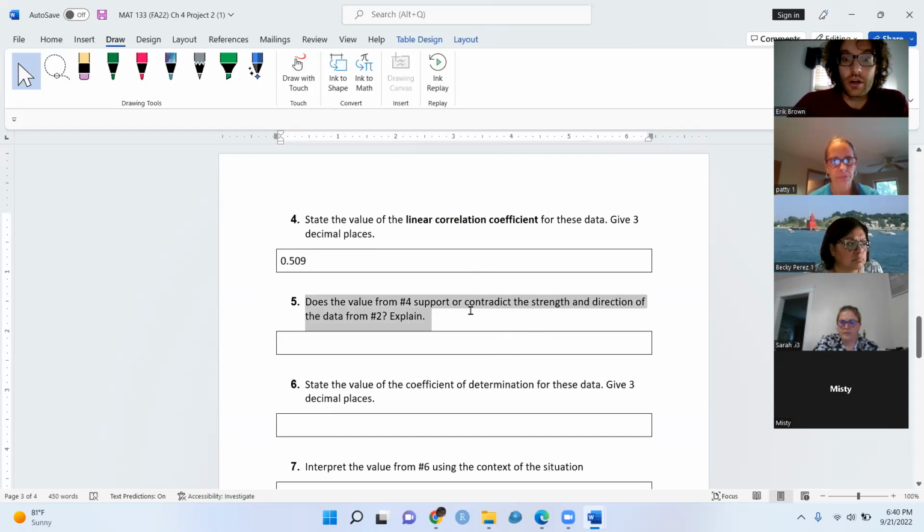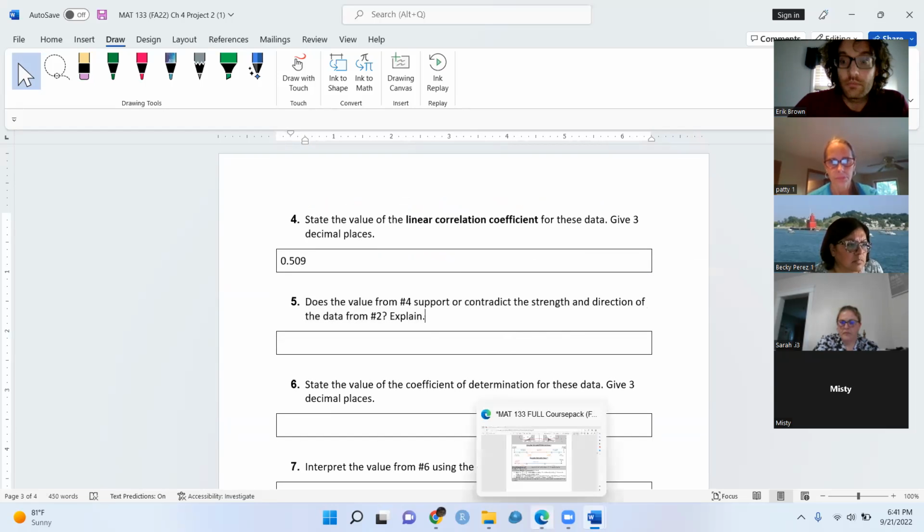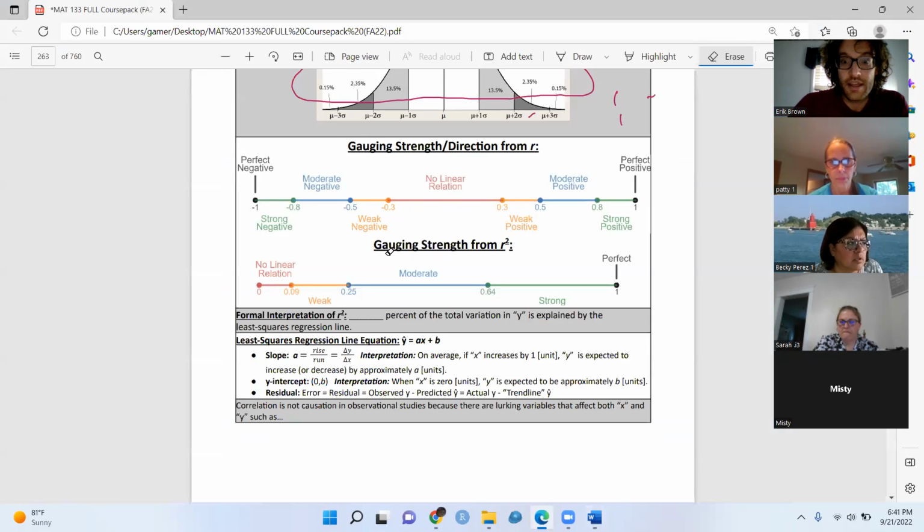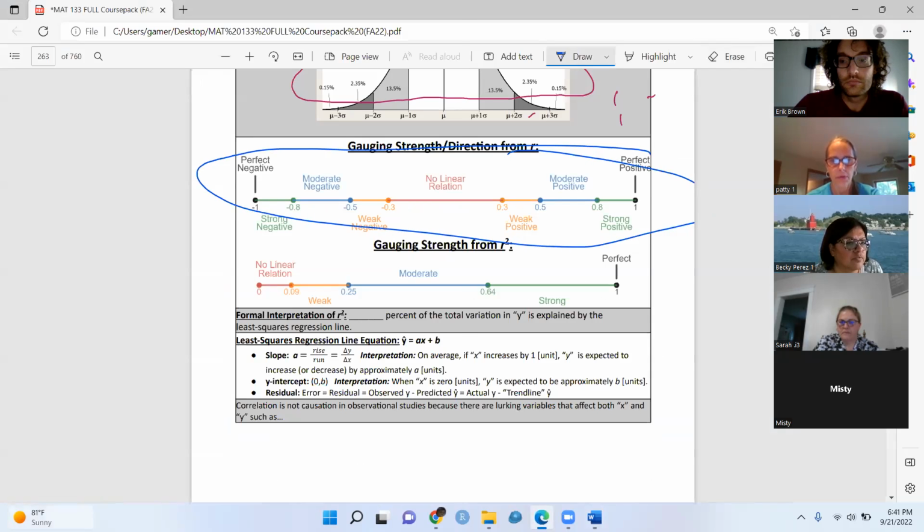Now, does this support or contradict the strength and direction? Well, before you answer, read this and then answer. For me, it contradicts. Okay, because you said weak positive. Well, if you look, you're not too far off.